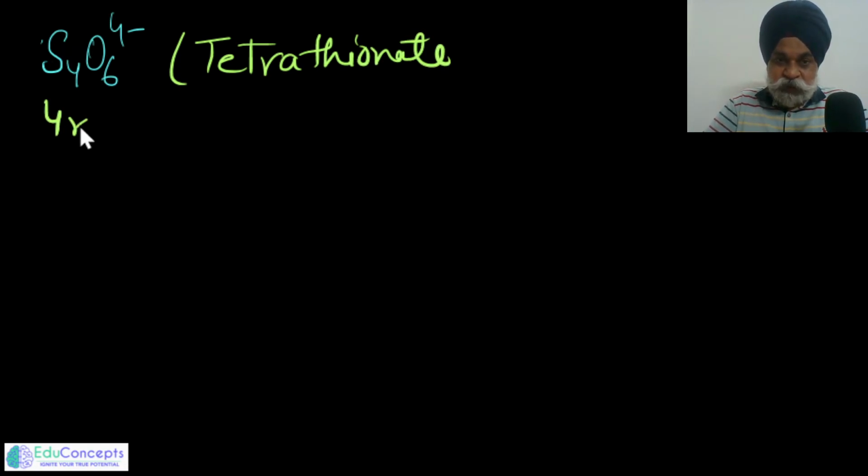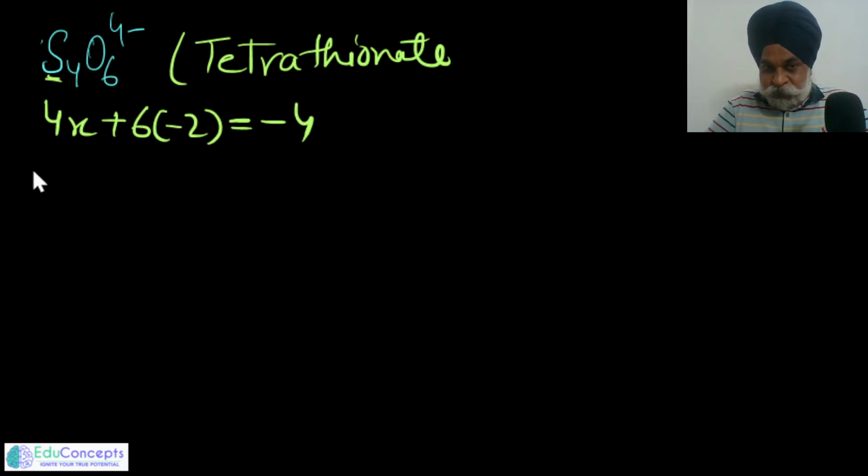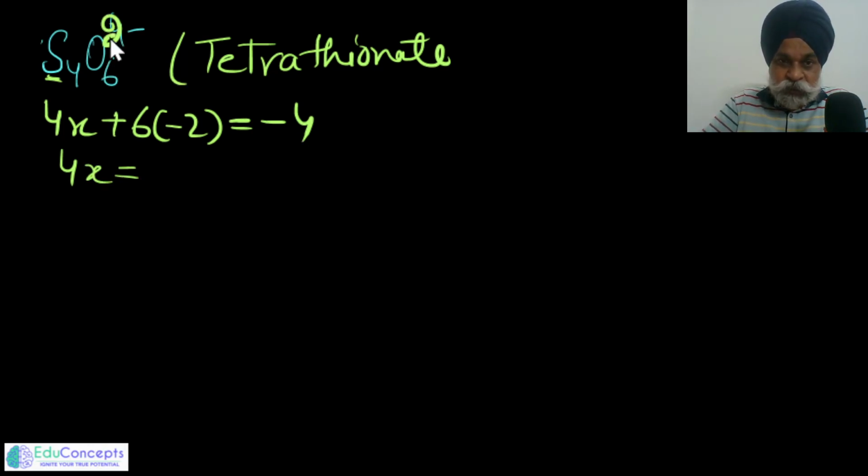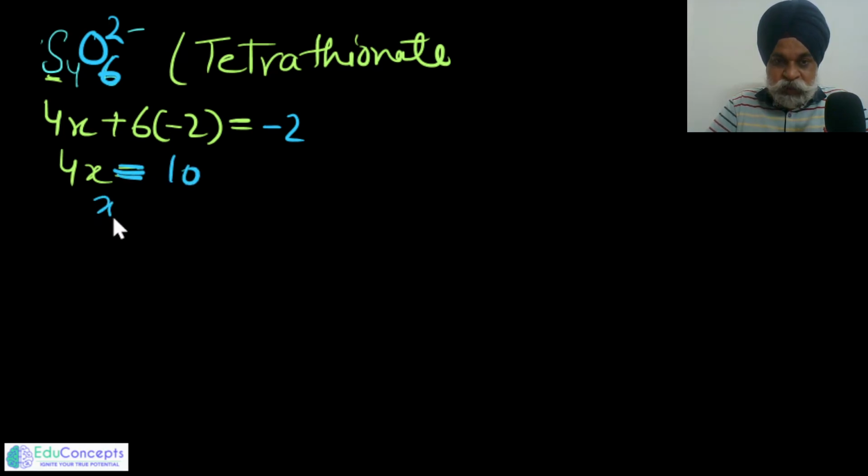If I want to find the oxidation state of sulfur, 4x minus 6 equals -2, so 4x equals 10, x is equal to plus 5 by 2 or plus 2.5.